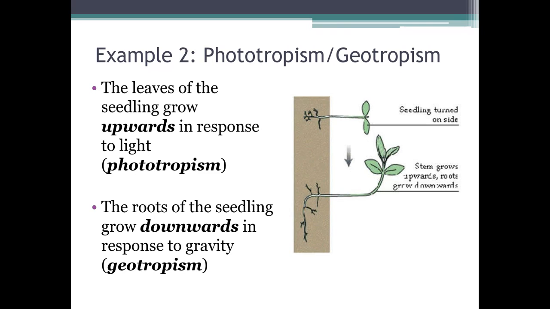It's because those leaves are seeking sunlight. So we call this phototropism, photo meaning light, because that's the light that is creating the direction of their movement. Okay. The same is true for the roots and the root system of plants. Those things typically grow downwards and they are responding to gravity. That is called geotropism.